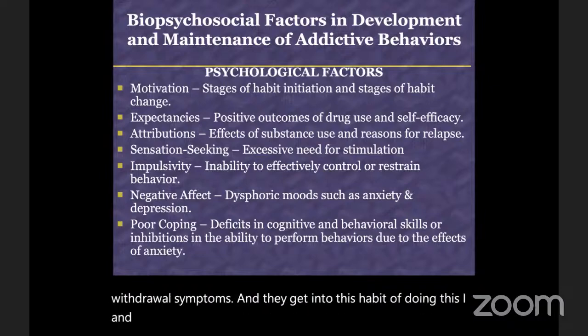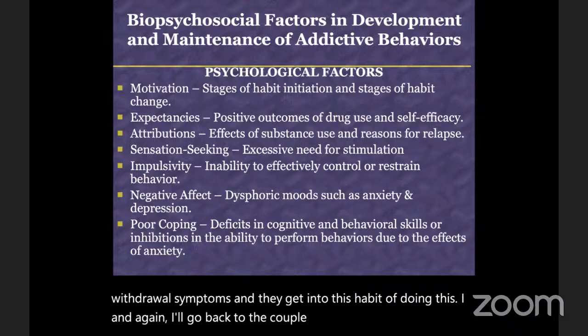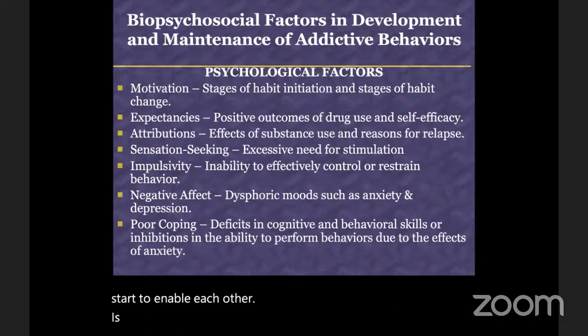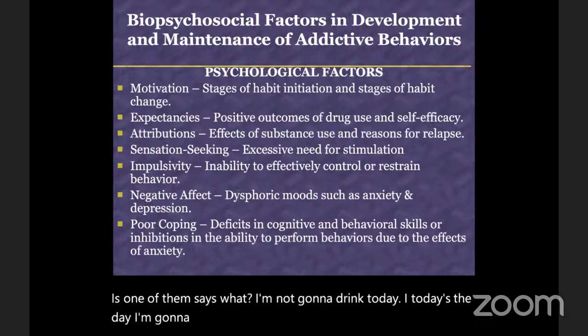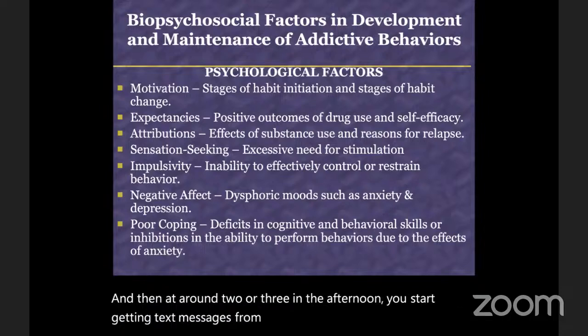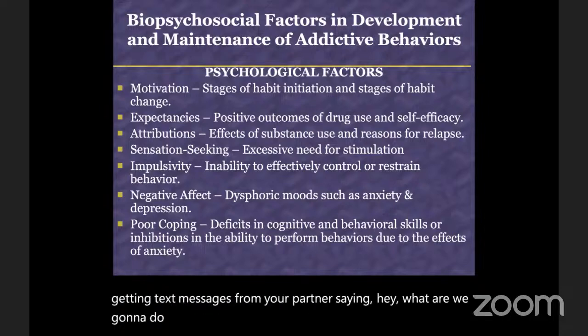And again, I'll go back to the couple example where the couples start to enable each other. One of them says, you know what, I'm not going to drink today. Today's the day I'm going to stop. And then, at around 2 or 3 in the afternoon, you start getting text messages from your partner saying, hey, what are we going to do tonight? What's our plans?